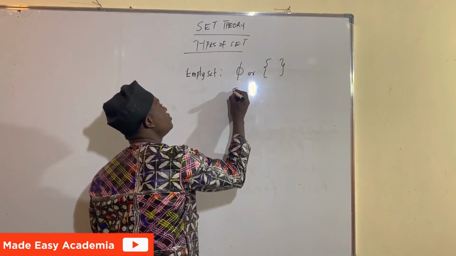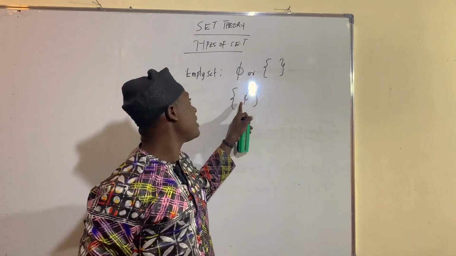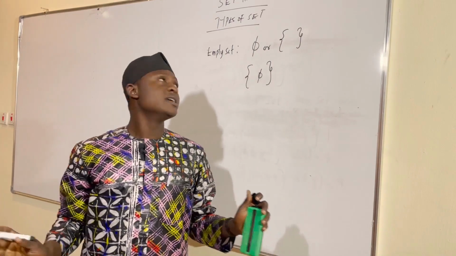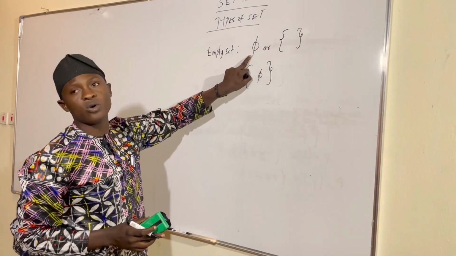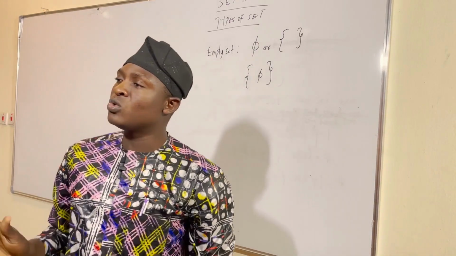For example, if I use this one now, can you guess? Clearly, that means you are talking about a Singleton set. So it's either we use this symbol or we use the second symbol. A set is said to be empty when it has no element.